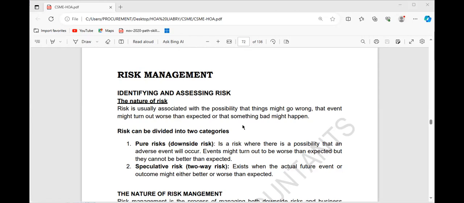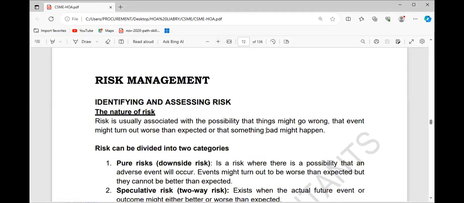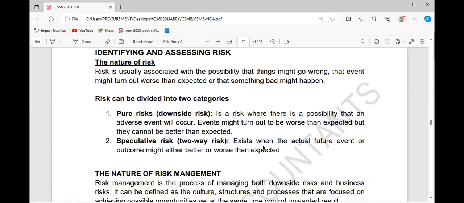Now, this risk can be divided into two. We have pure risk. Another name for pure risk is downside risk. This pure risk is talking about a situation where the outcome is definitely going to be negative.